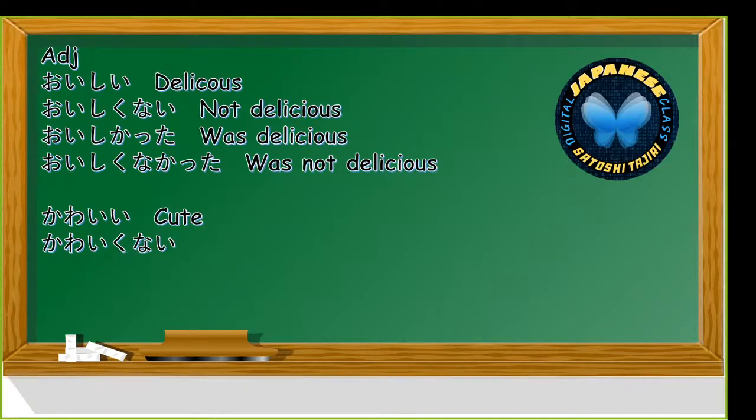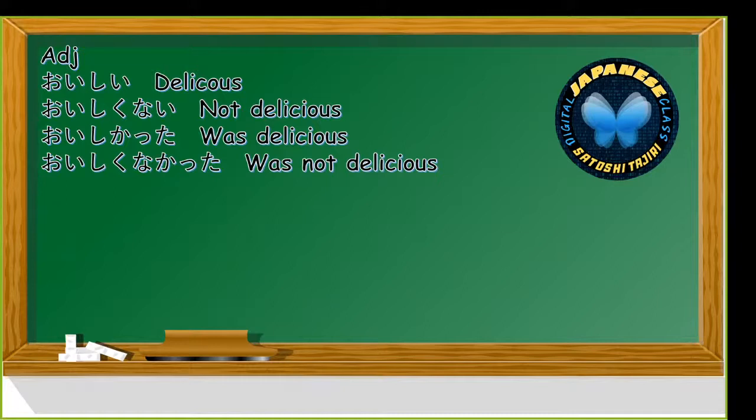Very good. So for kunai, you only drop one i, no? Kawaiikunai, not cute. How about if you want to say was cute? Kawaii, kawaikatta. Very good. How about was not cute? Kawaikunakatta. Do you understand? Kawaikunakatta, was not cute.